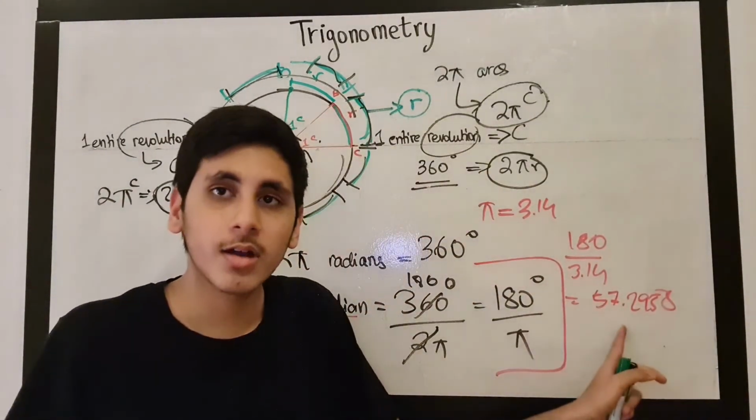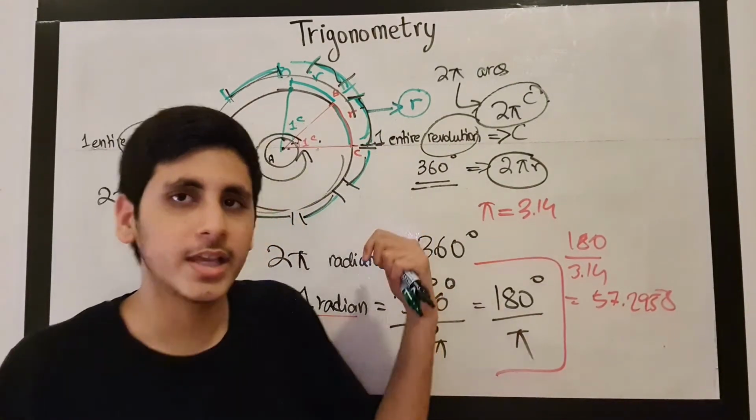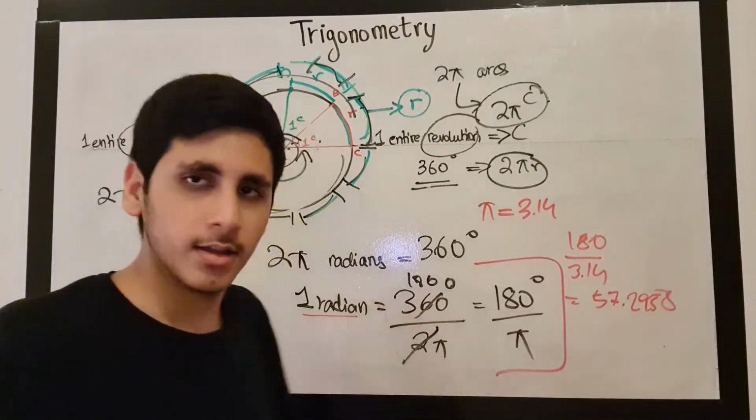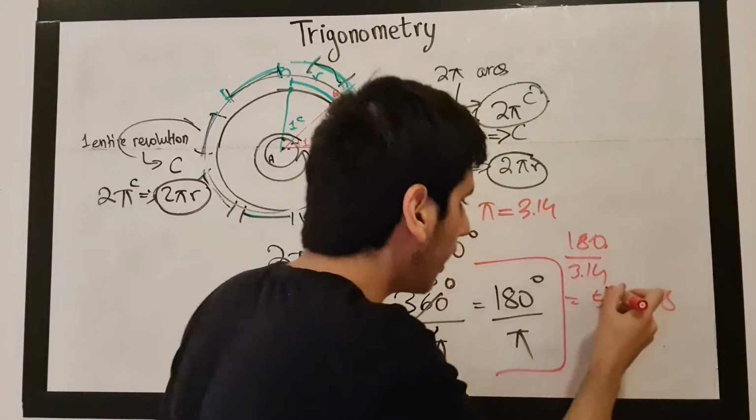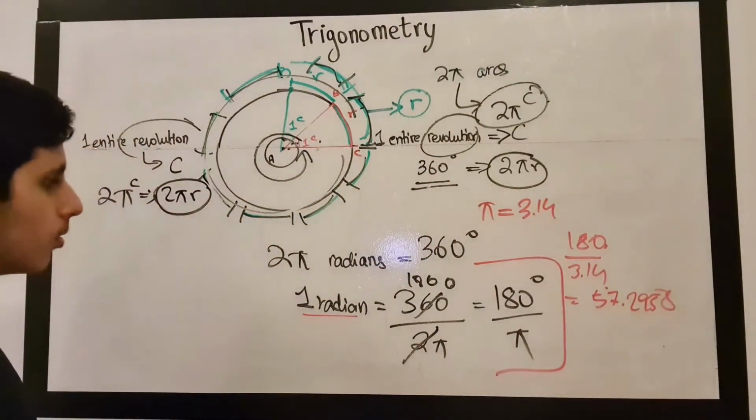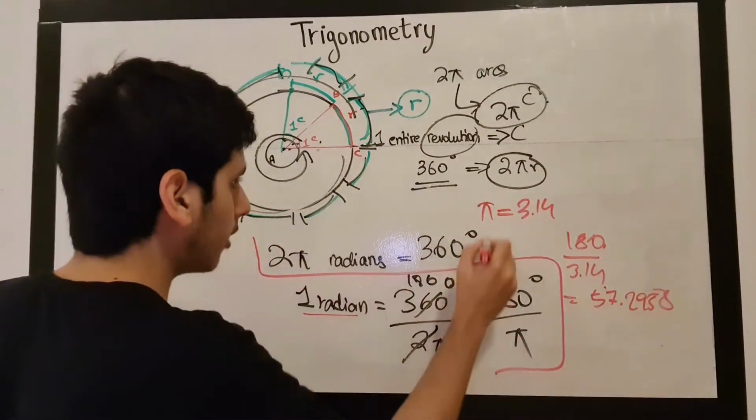So that's where we got the value in the relation that I had written earlier, 180 over pi. This is my main relation over here.